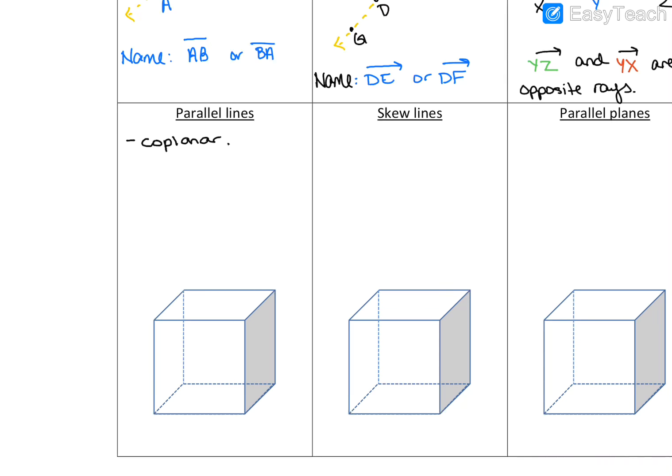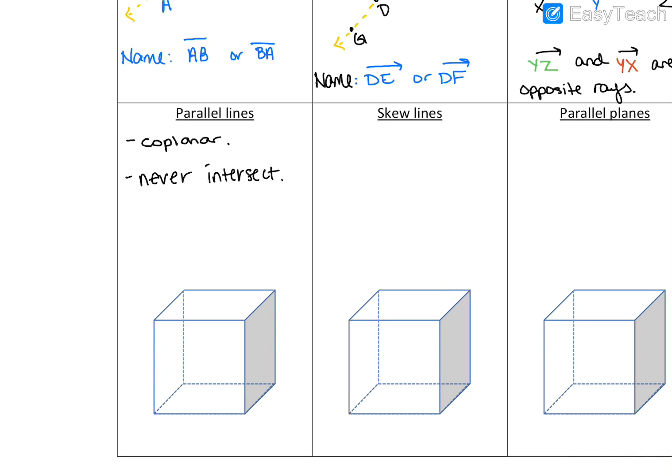And that was a term that we talked about where they have to be on the same plane, okay? The part that you guys are probably already familiar with in this definition is that they never intersect. Okay, so these lines have to be coplanar and they never intersect.